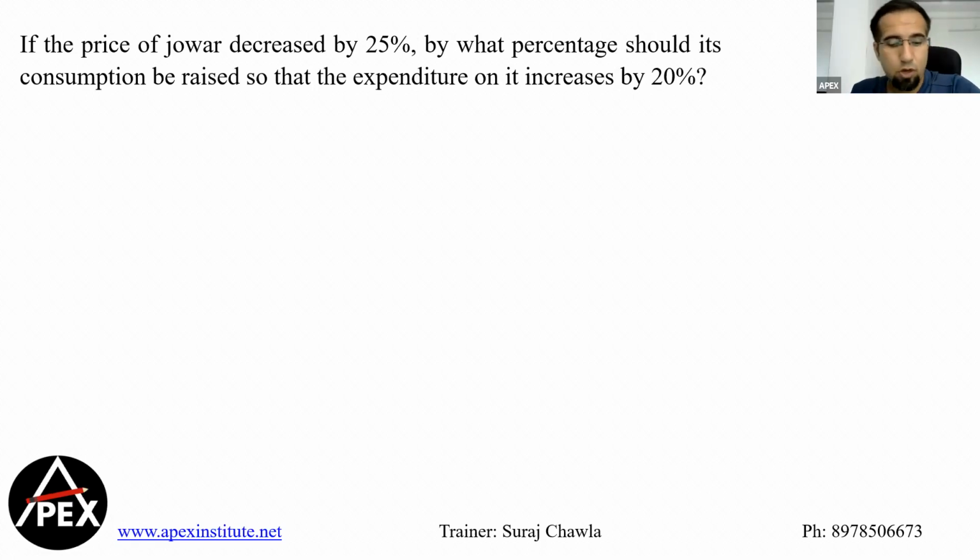If the price of Java decreased by 25%, by what percentage should its consumption be raised so that the expenditure on it increases by 20%? So what am I looking at? Expenditure is equal to price into consumption.